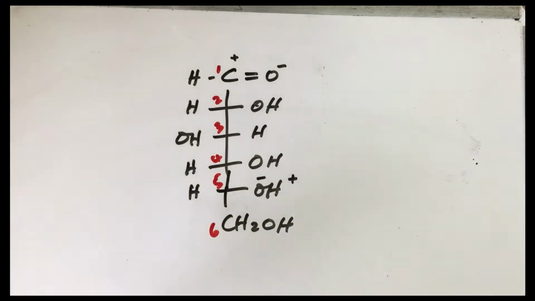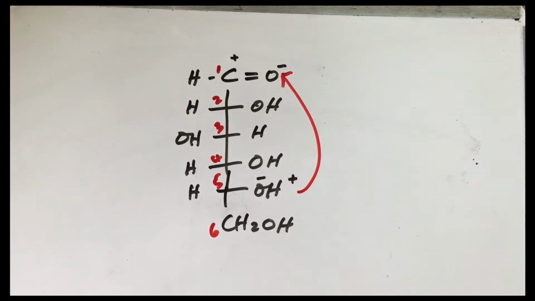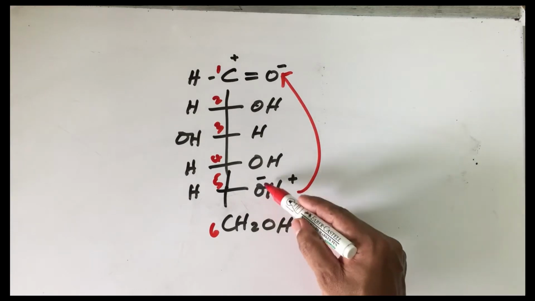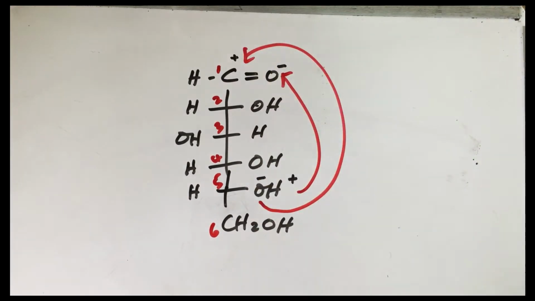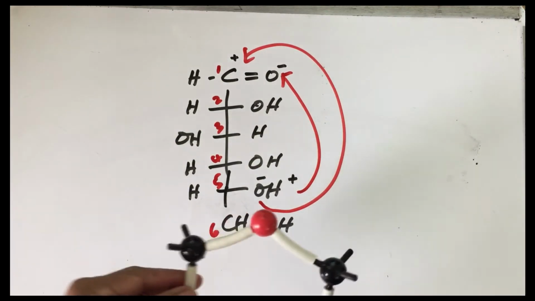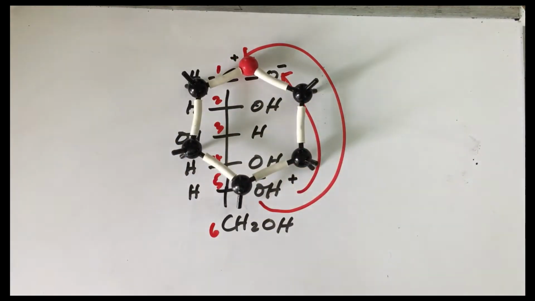Then the positive charge of the hydrogen attracts this oxygen, and the negative charge of the oxygen will attract this carbon, and a linkage is formed. So this linkage results in a cyclic structure like this.